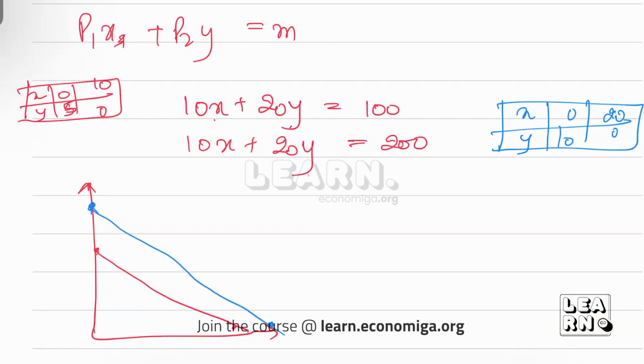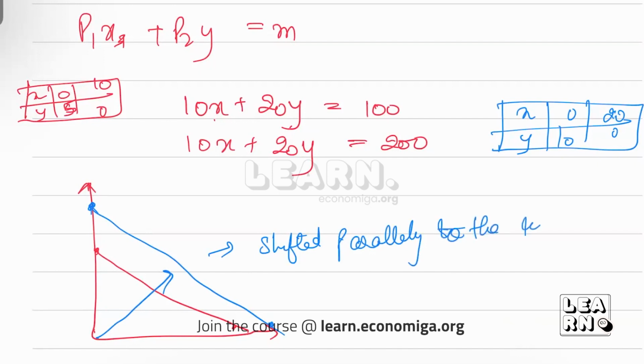As you could see, all of a sudden, the budget line has shifted parallelly to the right when M has increased. So when M increases, given that the prices are remaining unchanged at 10 and 20, the budget line will shift parallelly to the right.